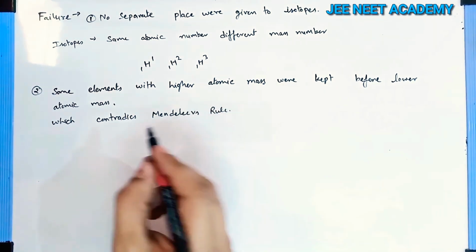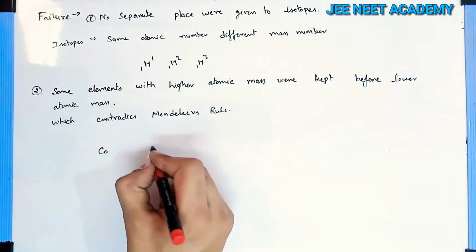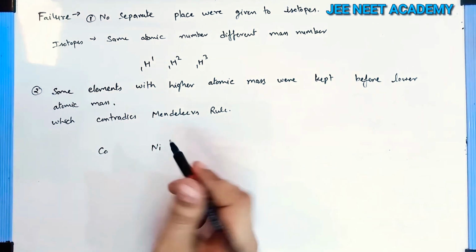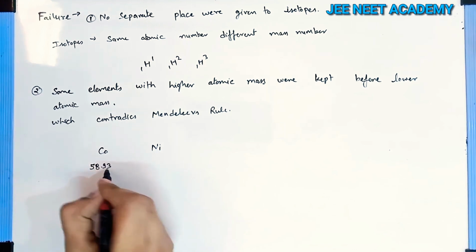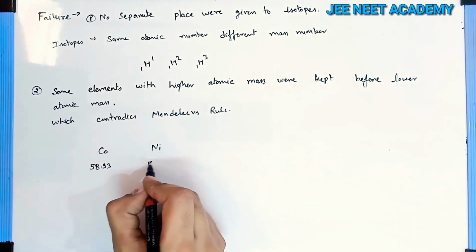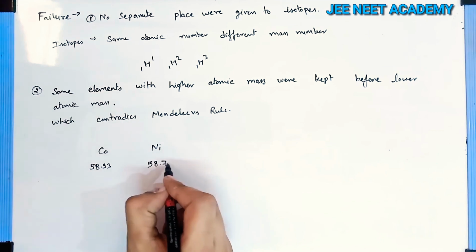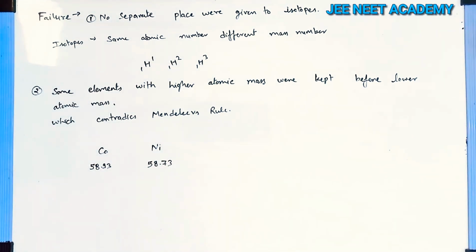For example, cobalt and nickel, 58.93 and 58.73. The atomic weight of nickel is lesser than cobalt, but still Mendeleev kept it after cobalt.